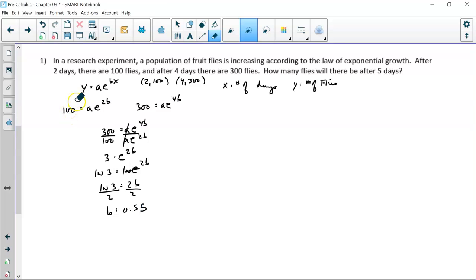Now we can find a by going back into one of the original equations. Let me use the first one. 100 equals a times e to the 2 times 0.55. So to get a by itself, divide both sides by e to the 2 times 0.55.